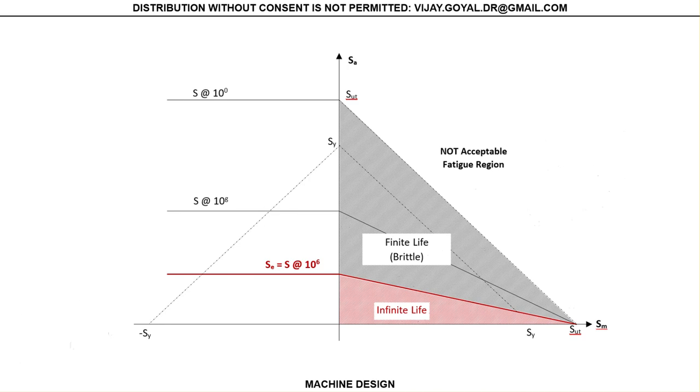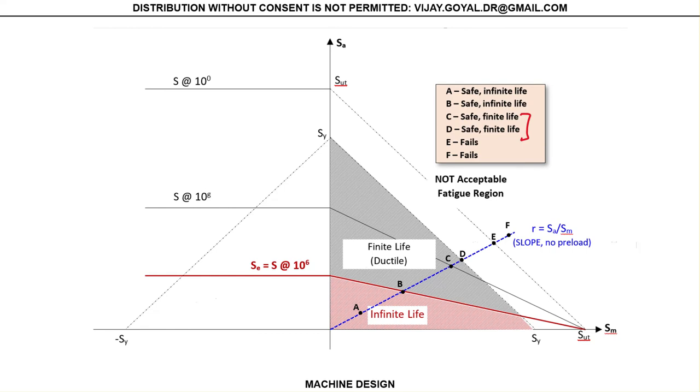So let's see what happens for several case studies here. For the fatigue factor of safety of point A, this has to be bigger than 1. As you can see, it's infinite life. If I ask you what is the factor of safety of B, you know this is 1, and this is infinite life. So N is actually infinite here.